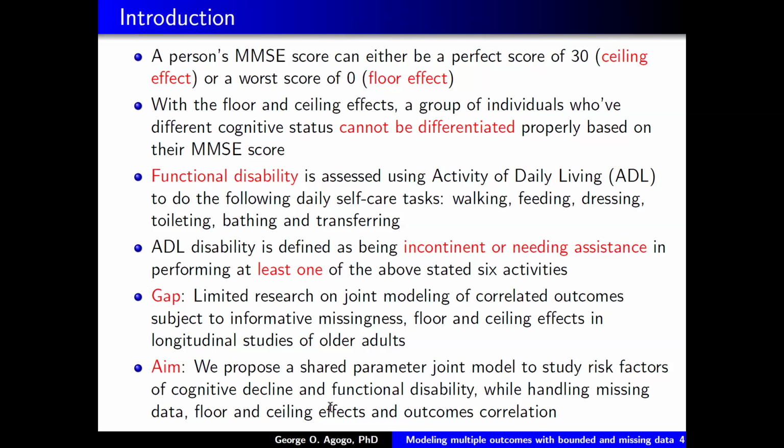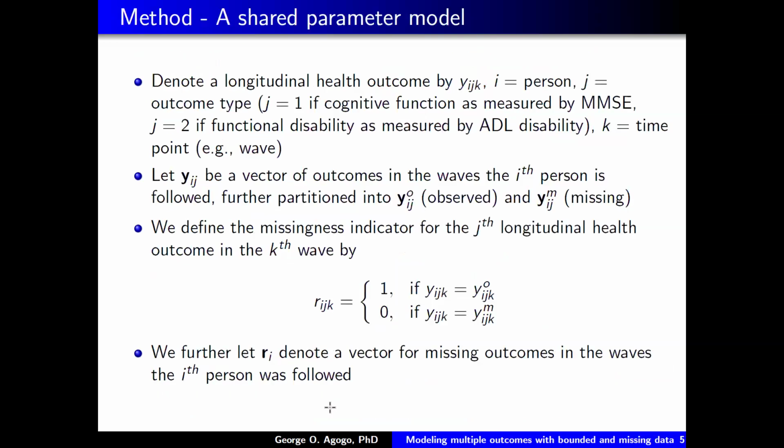And of course, there's a lot of missingness due to death, for example, and the floor and ceiling effects of MMSE score. And because these outcomes are also correlated, we also show how to account for the correlation between the two outcomes. Now, I will now go to a bit of statistics.